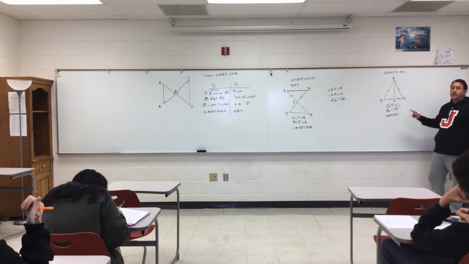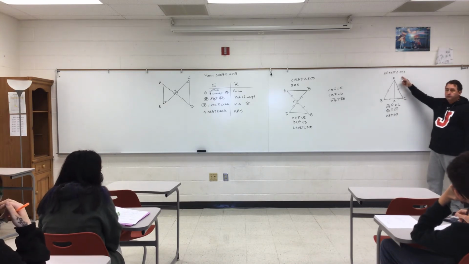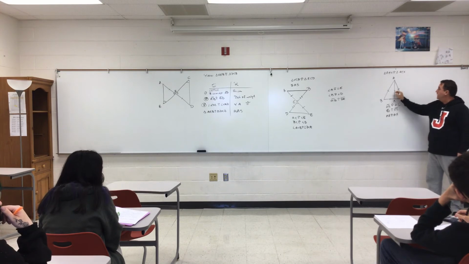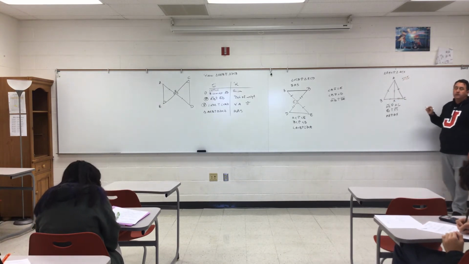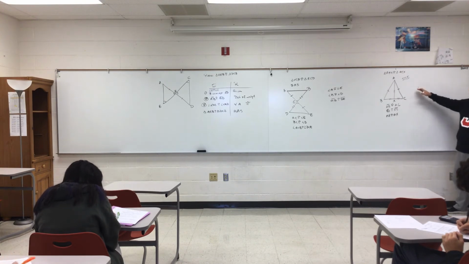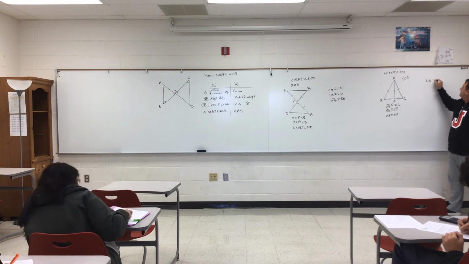So now, since I know that, can I say that these two triangles are congruent? Yes. By which way? Side, side, side. Now that I know the triangles are congruent, I can say angle B is congruent to what?